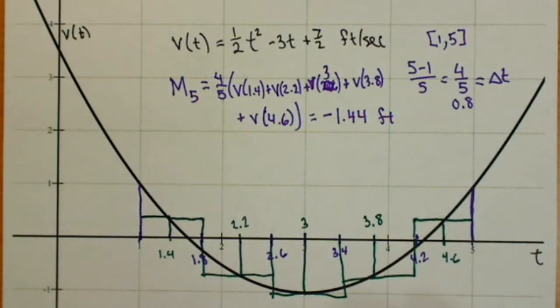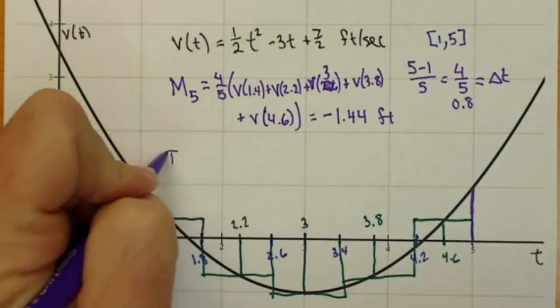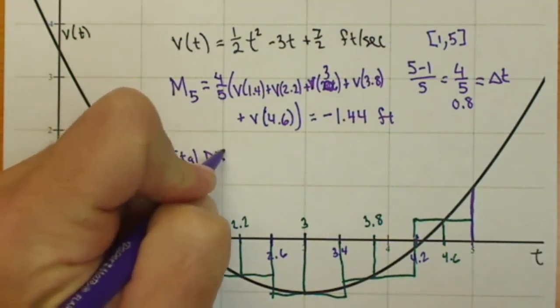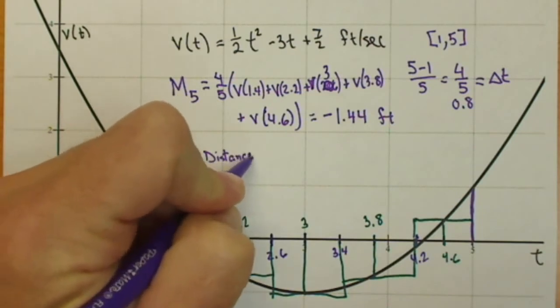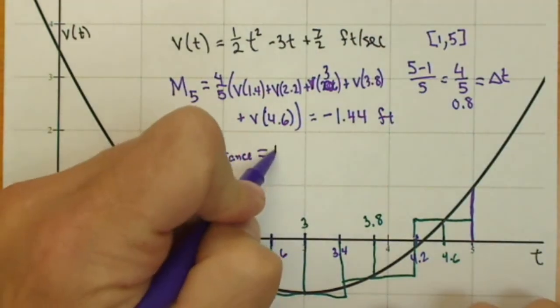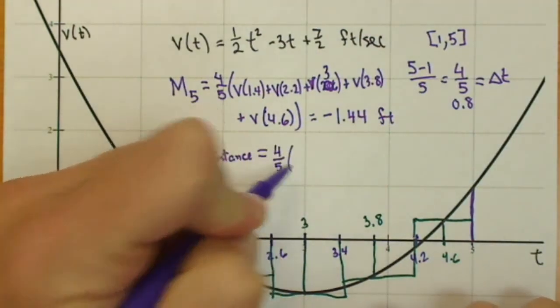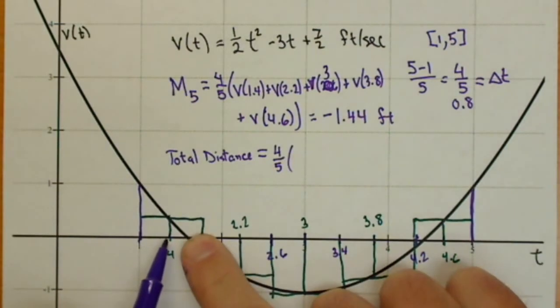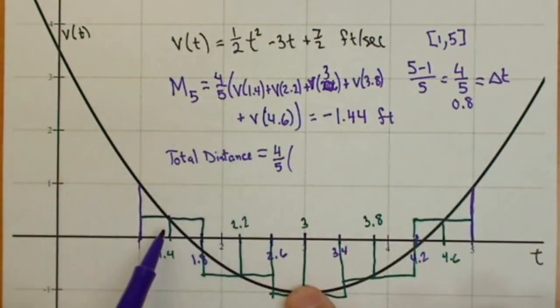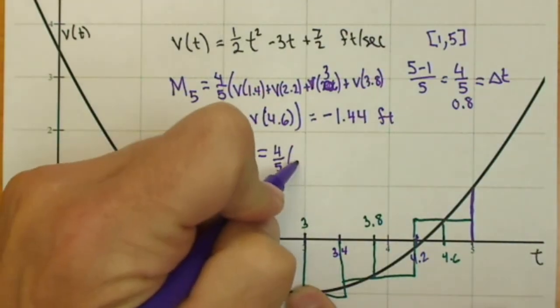Now, we're going to use our work to get the total distance traveled. So for total distance, we're going to do something similar, but all those negative areas we need to make positive. So we actually are going to get the values of each of these. Now the width is still 4/5. What we need are these function values, and it turns out v of 1.4 is 0.28, which is fine.